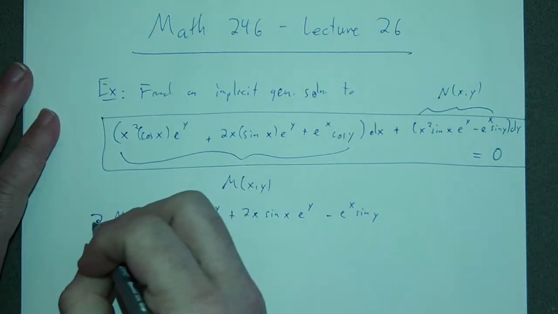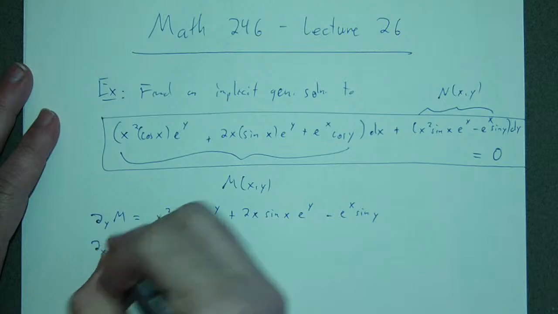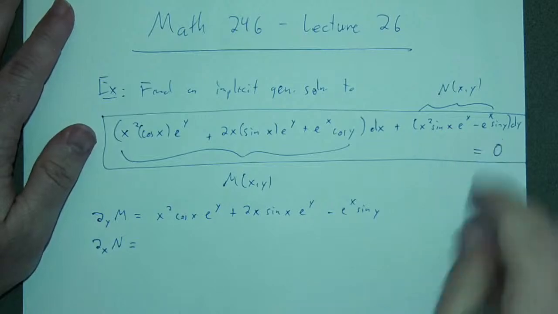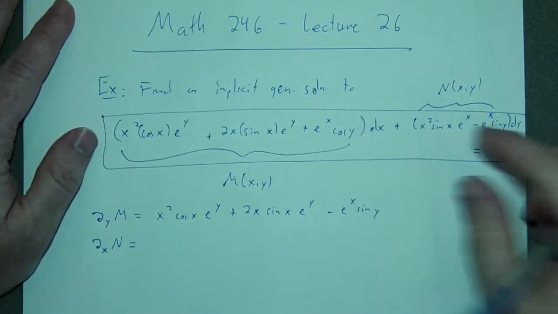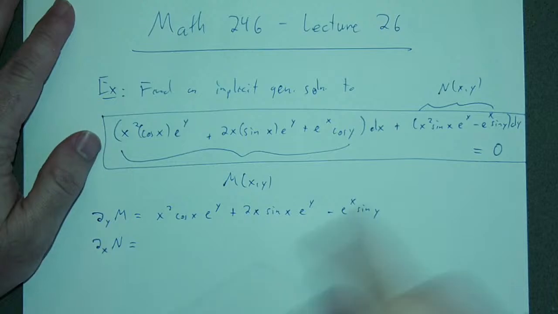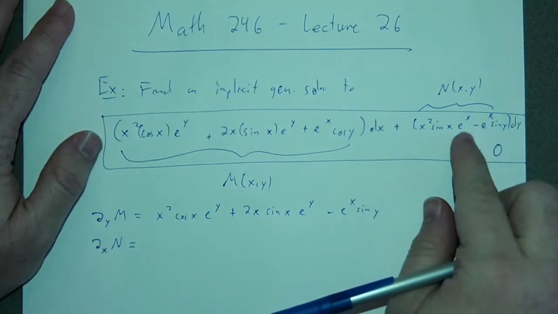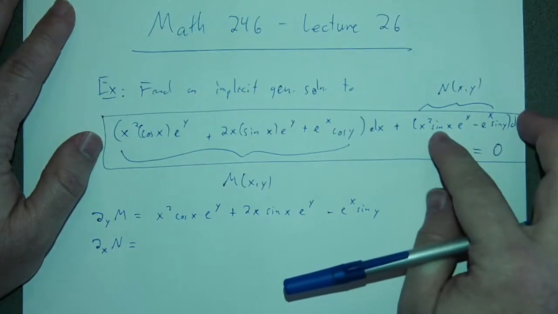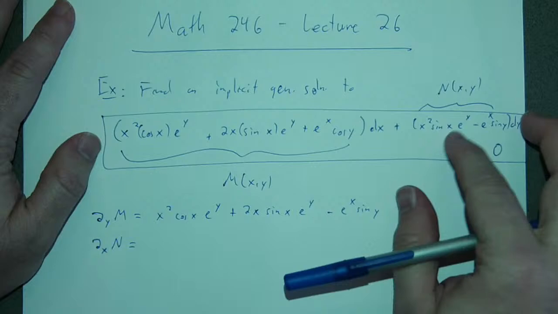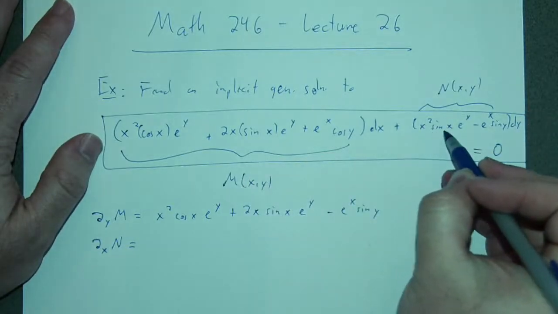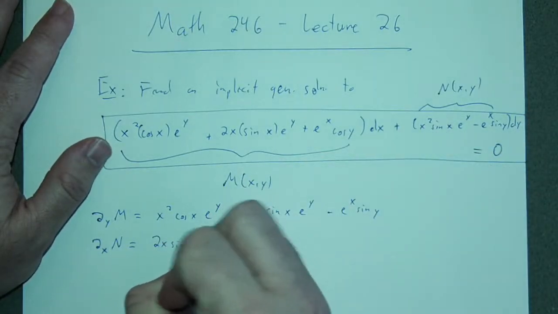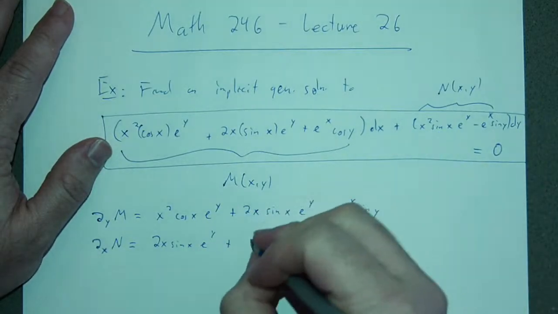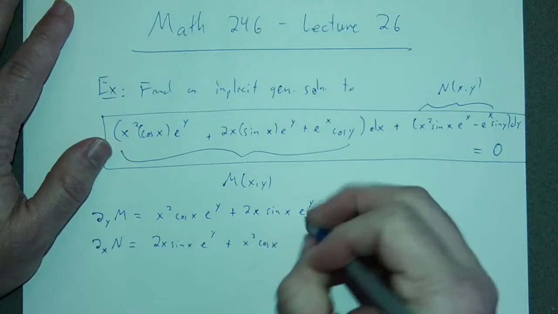So what's the x partial of N? There are two terms here. There's a product in x, so I'm going to have to use the product rule. Remember, this e to the y multiplies both of them, so that is not included in the product rule, because it doesn't depend on x. So it's this x squared sine x term that matters. The derivative of x squared sine x is 2x sine x e to the y, plus x squared times the derivative of sine x, which is cosine x, so plus x squared cosine x e to the y.